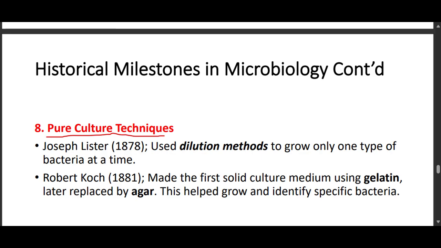But then here comes Robert Koch, who made the first solid culture medium using gelatin, which later he replaced with agar. This kind of solid culture medium helped to grow and identify specific bacteria, because it was not like the one that Joseph Lister used, where you can only grow one bacteria type at a time.